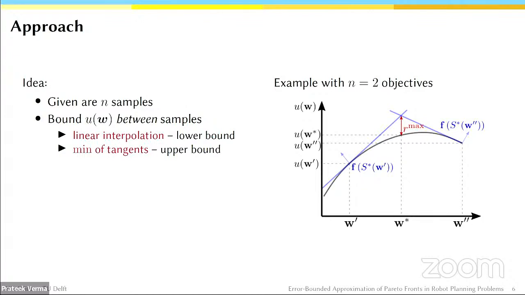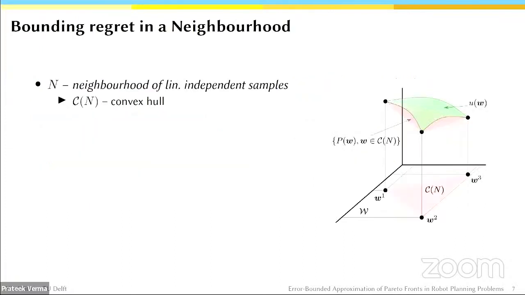And the lowest of these tangents will give us a tight upper bound at any point. And so now by bounding this optimal cost function, we are able to bound the regret that our samples will have with respect to any weight that we didn't sample. Okay, so here's how that works. We now want to bound the regret in a neighborhood.